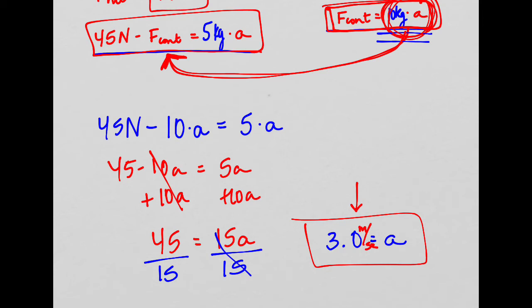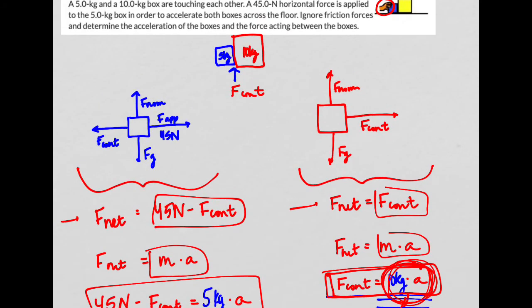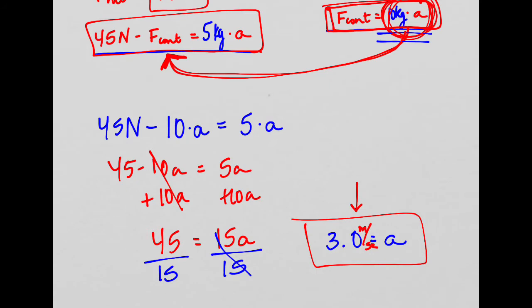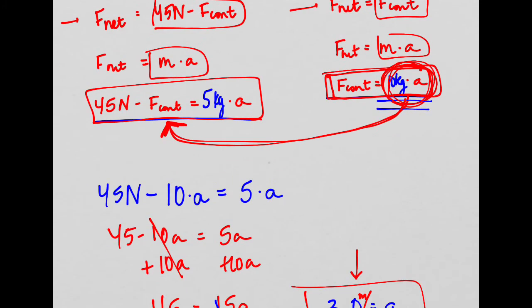All right, the last step of this, because now we know acceleration, but we still don't know the force between them. So what we're going to do is take our acceleration that we know, and use it in order to determine the contact force. All I literally have to do here is take this equation, F contact equals 10 kilograms times A, which I just solved for to be 3 meters per second squared.